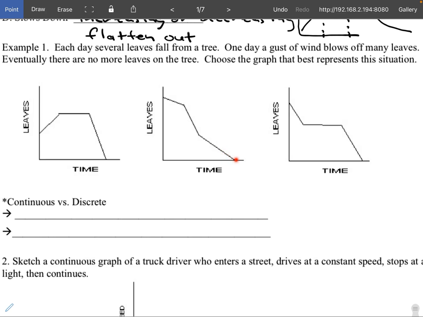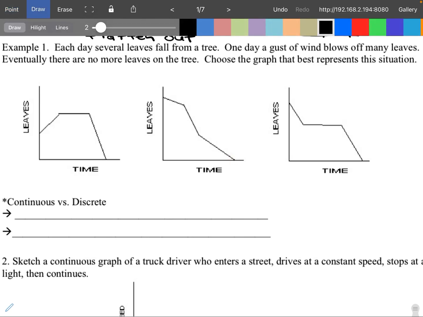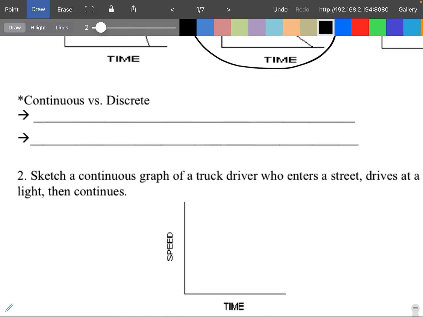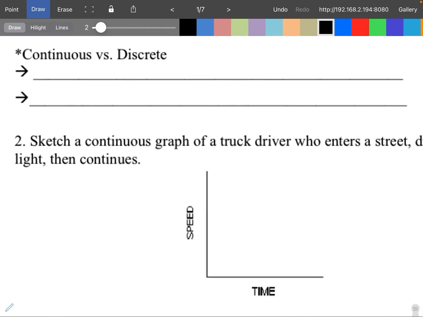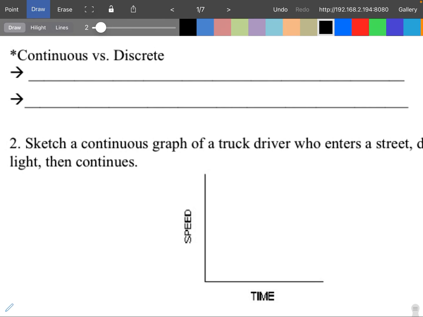Then you get the gust of wind, so it decreases at a faster rate. So it's steeper. And then it's decreasing again to the point where you get down here. When you're right here, how many leaves are there? 0. Yeah, good, Ryan. When you get to there, the number of leaves is 0. So this is definitely B, or the middle one, I should say. So it's that one. So you can just circle it.